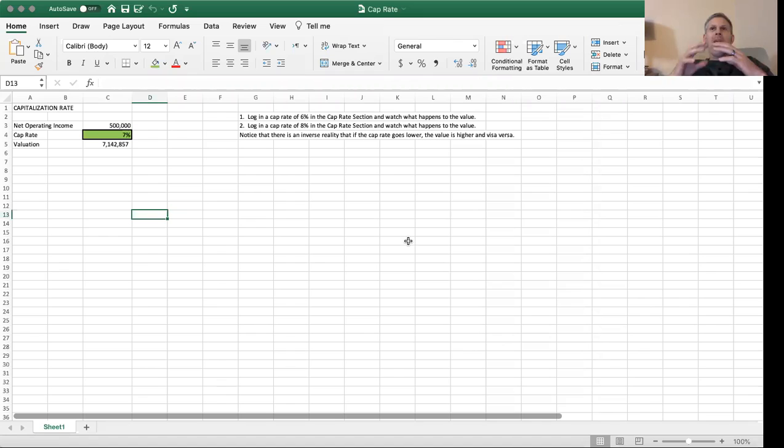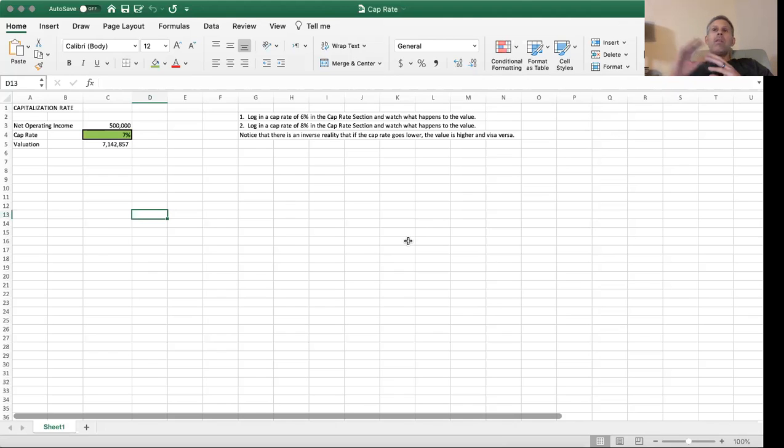So when you think about a cap rate, it's really the measuring tool for the true value of a building. For example, if I'm acquiring a Walmart that is in the middle of Phoenix, the cap rate is going to be really low, which is sort of like a return on the investment.